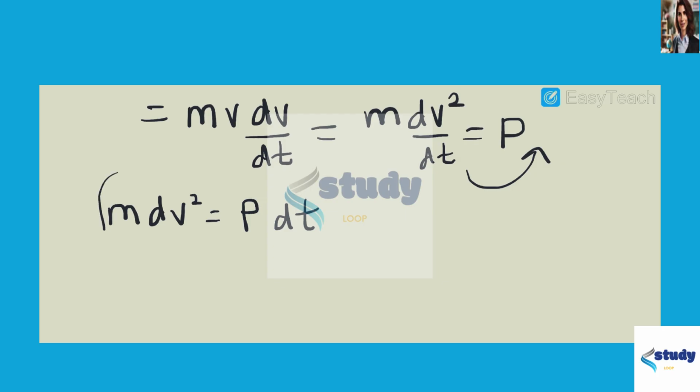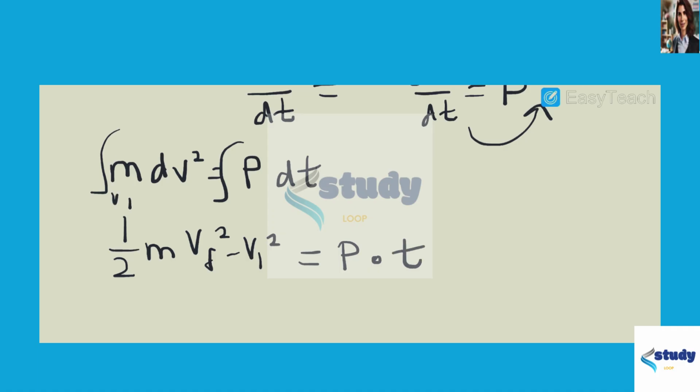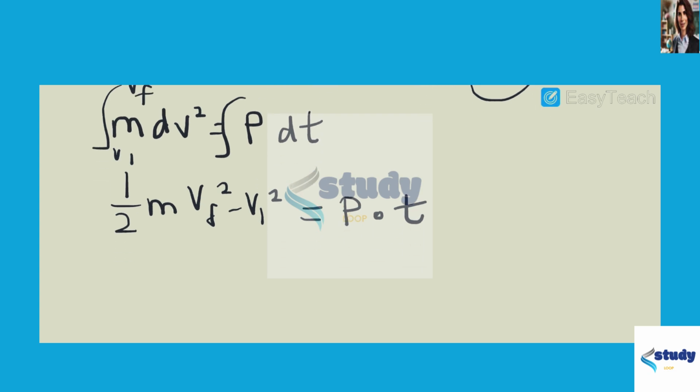Now let's integrate both sides, and what we get is 1/2 m (vf squared minus vi squared) is going to be equal to power times time. Just going to go ahead and write the limits in here, v initial and vf. So let's go ahead and solve for time.